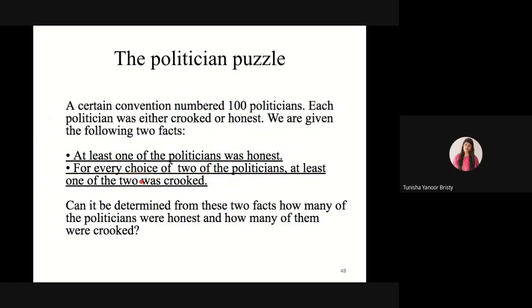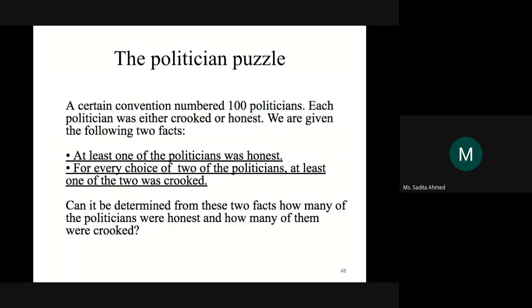Yes, ma'am. Okay. So this also means that for any given pair, both politicians will never be honest at the same time. It also means that, right? Yes, ma'am. Because at least one has to be crooked means both cannot be honest at the same time.